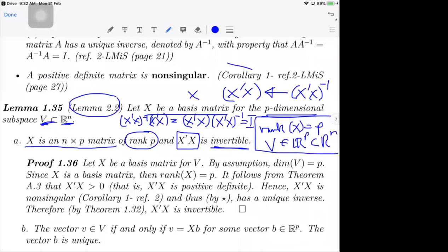So X prime X is the invertible one, not X. But what is the condition? The rank of X is p, and V, the subspace, must be p-dimensional. Okay? So let us look at the proof.